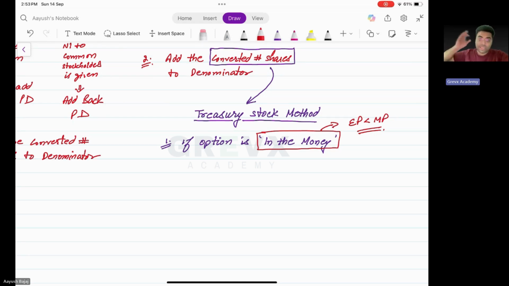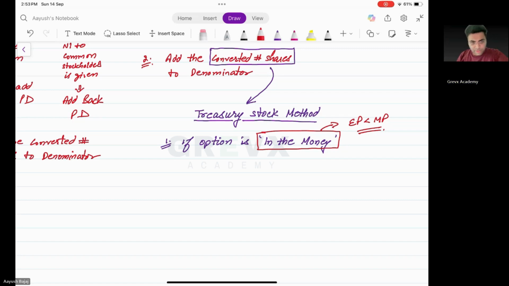But if the market price is $50, now I will exercise it at $20 because I am getting a benefit. So only if the exercise price is less than the market price, the option becomes in the money.